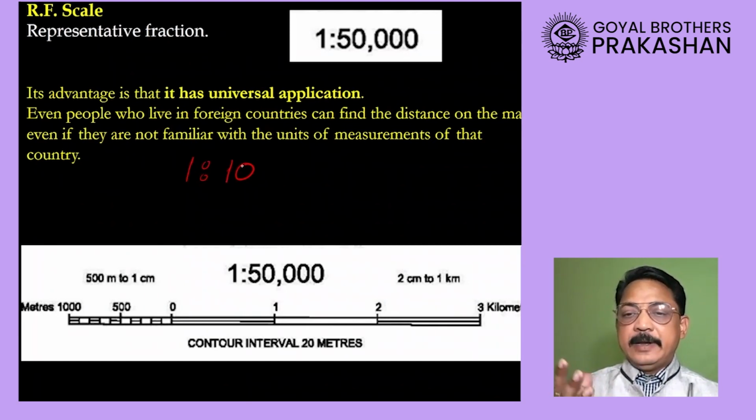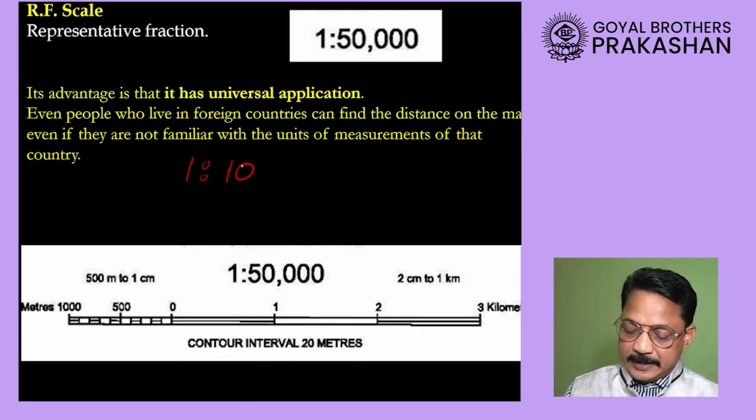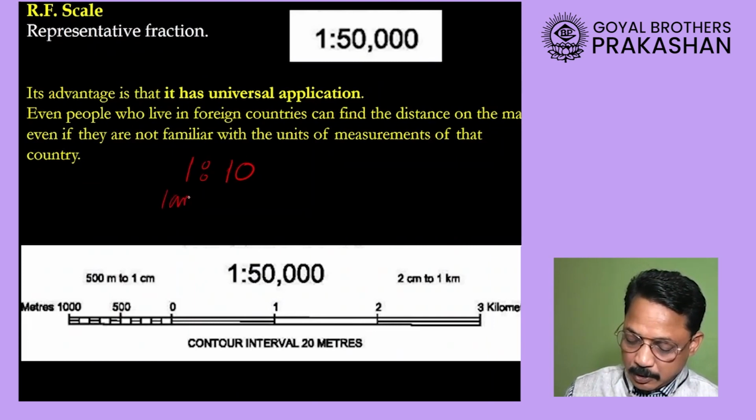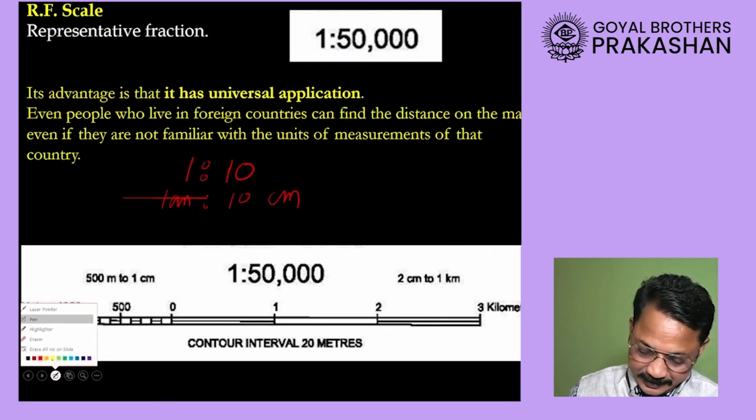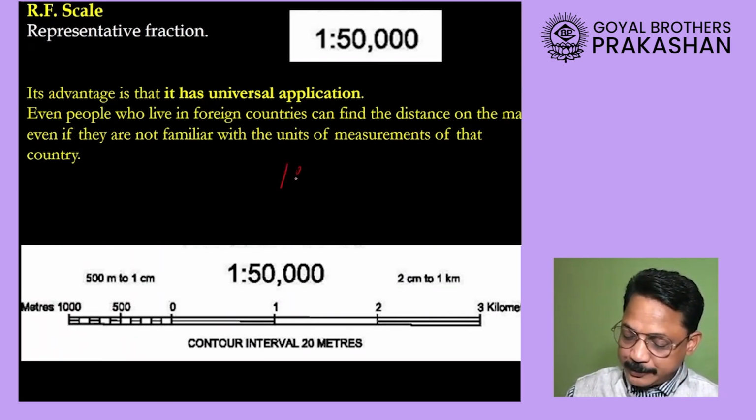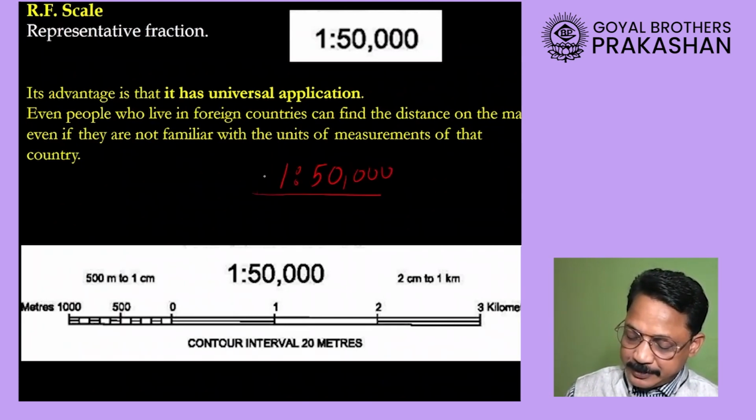So I will get an idea that here 1 unit may be 1 centimeter. So I will at least get one idea that 1 centimeter on map is equal to 10 centimeter on ground, or that 1 unit can be 1 meter. It means 1 meter on map is equal to 10 meter on ground. So dear students, if it is written here 1 is to 50,000, now the meaning of this is what?